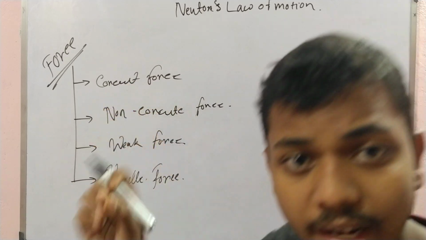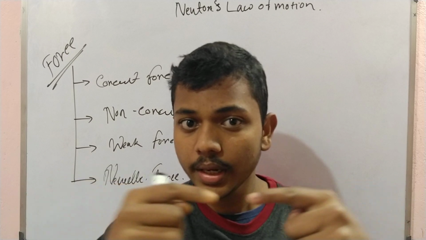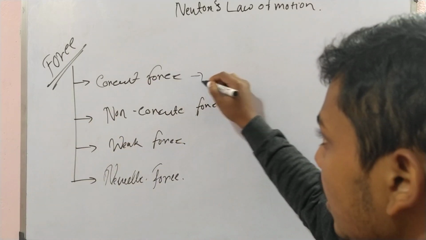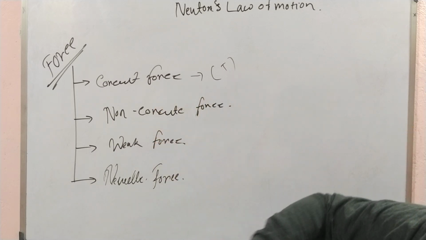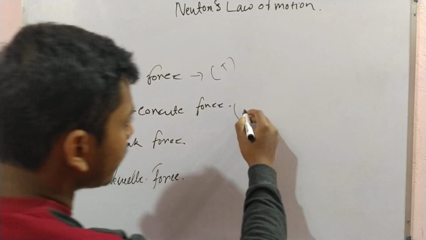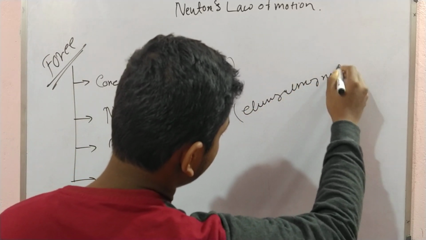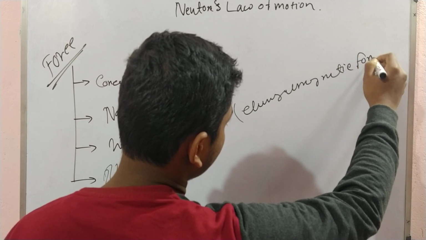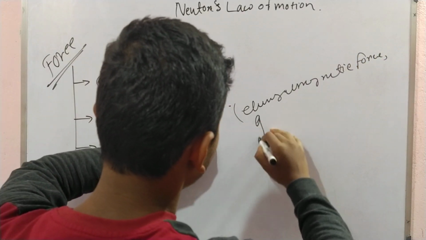One is the connected force, meaning where the forces are connected. For example, tension force is an example of connected force. Another is non-connected force, such as electromagnetic force and gravitational force.